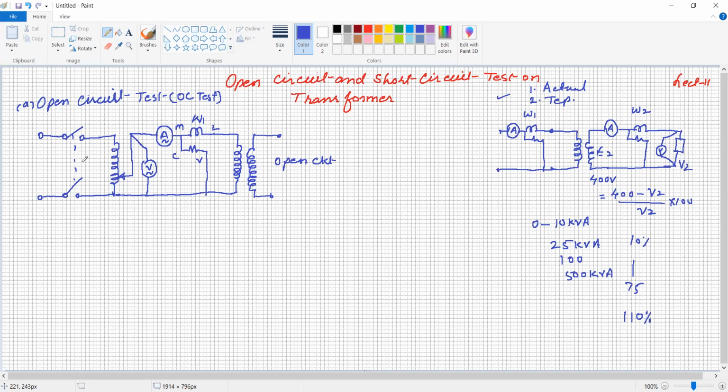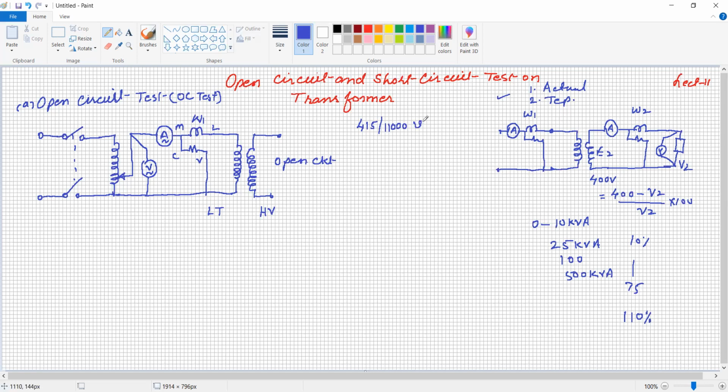Now, in the open circuit test, it is preferred to use the HV winding on the open side, and the LV winding is connected with the instruments. What is the reason? Suppose the transformer is 415/11 kV, or 11,000 volt.